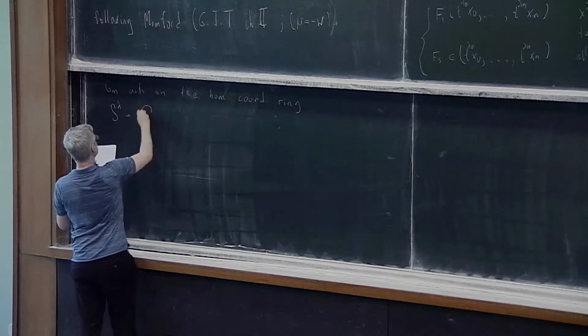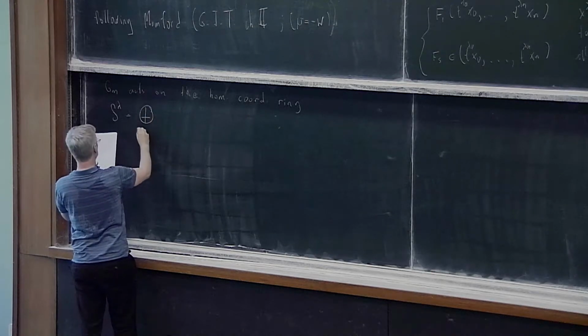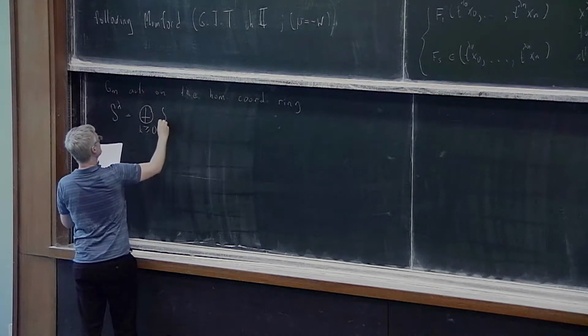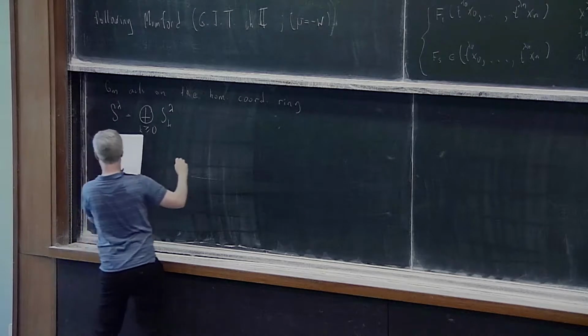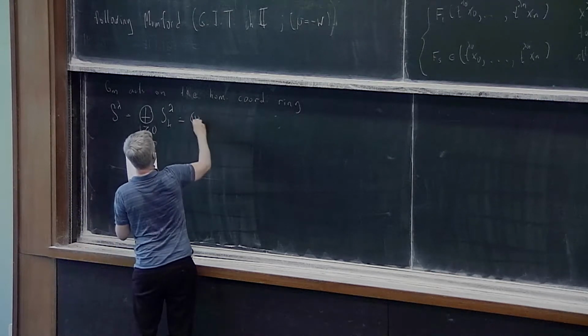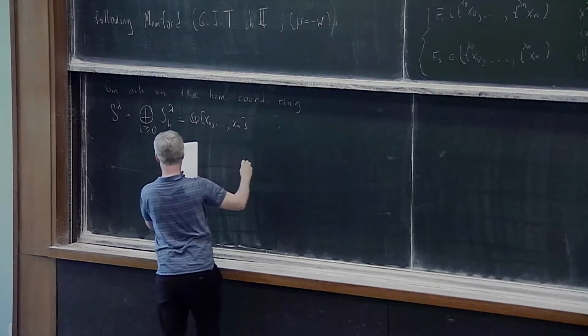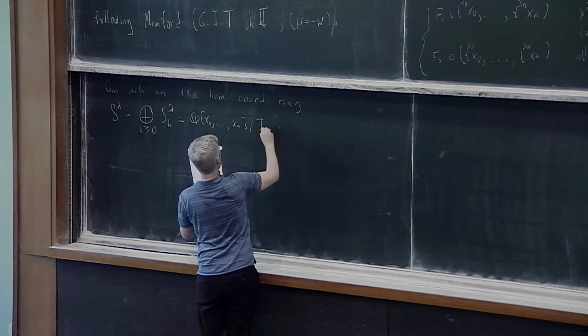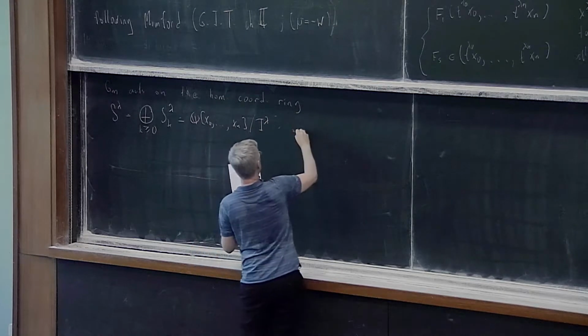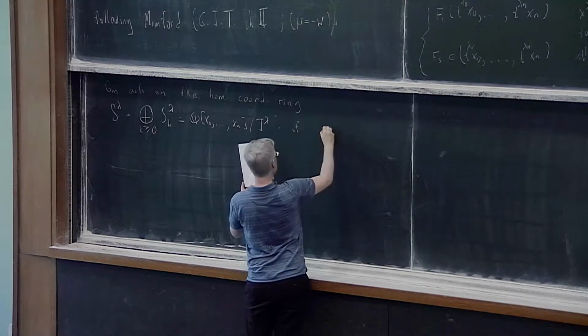This has a natural grading Sk of lambda, and this is given by a homogeneous ideal I lambda of x lambda.